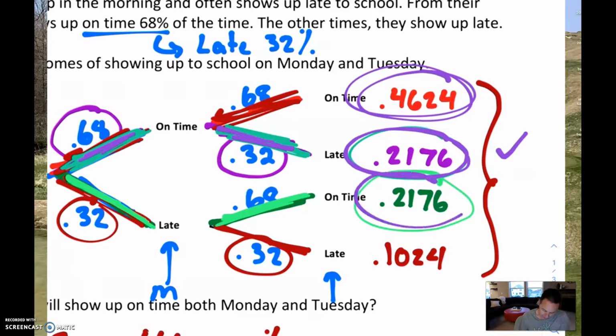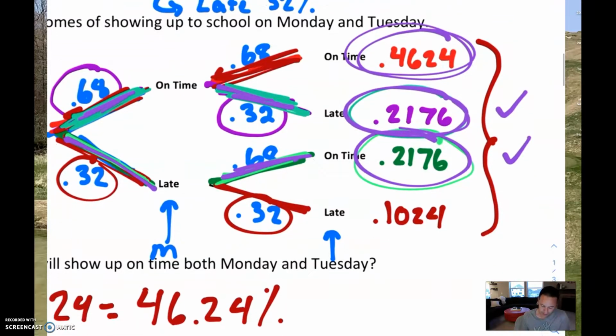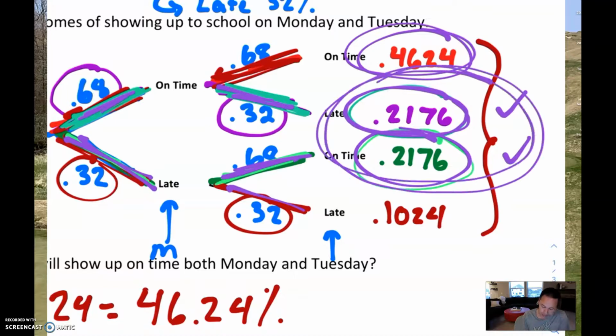If I go down here, they were late on Monday, but on time Tuesday. So yes, again, they were on time exactly one of the days. And on the last one, they were late, then they were late, so they were on time 0 days. That doesn't count. So if I'm looking for the probability that they're on time exactly once, it's these two scenarios. And what I have to do with those two is add them together.